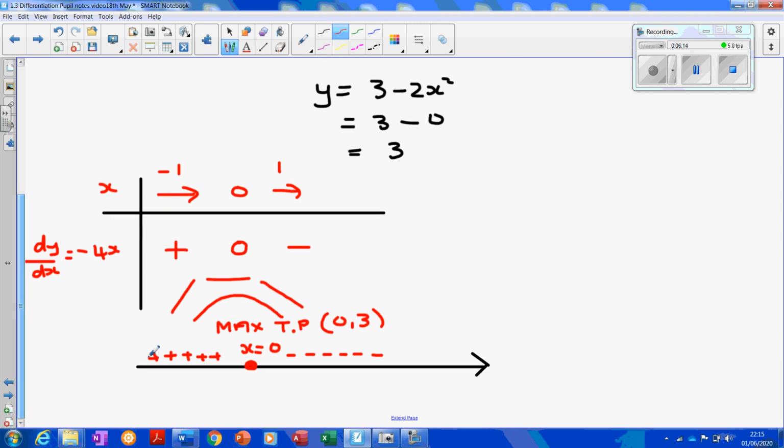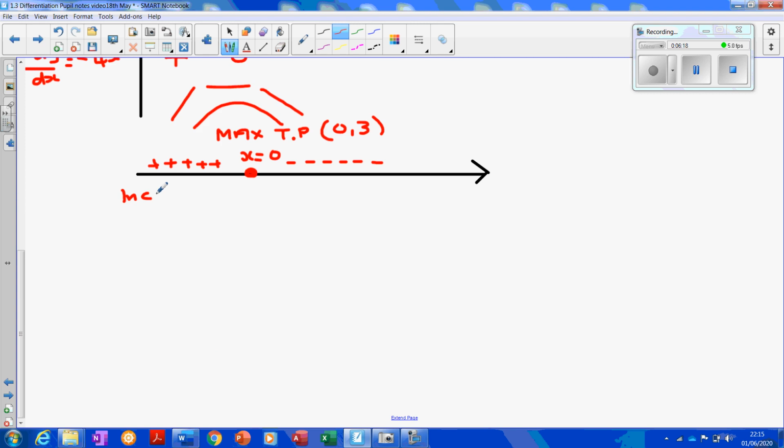So I've got to describe this bit here, and that's where it's increasing. So it's increasing when we've got the wee plus signs, and that's x equal to 0, so that must be when x is less than 0, and it is decreasing, it's negative, it's going downhill when x is greater than 0.